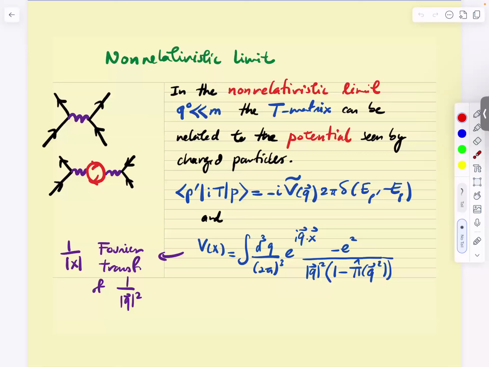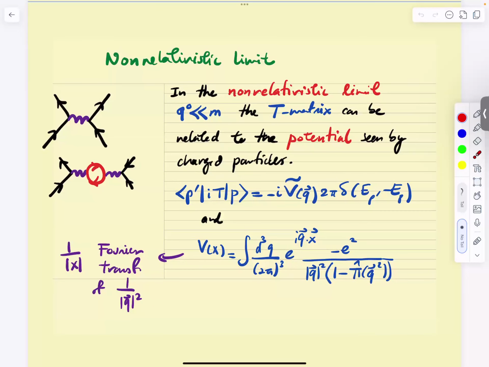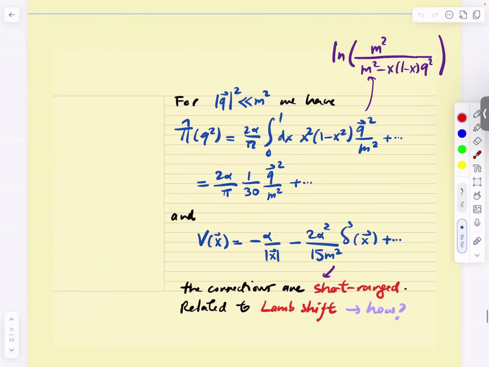The potential that you expect, e squared over 4 pi absolute value of x, in Fourier space is going to be the integral d3q e to the power of i q x times the renormalized charge squared over q squared. That q squared has to do with the Fourier transform. Now, the renormalized charge has this pi hat, which is a renormalization of charge. Everyone follows?